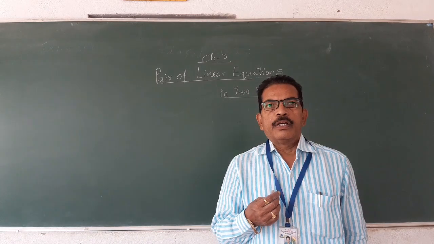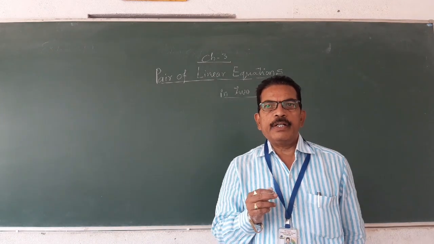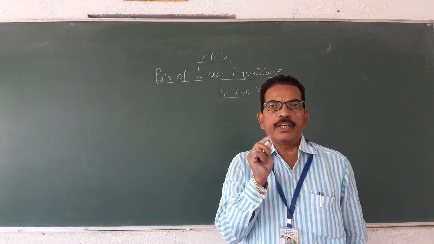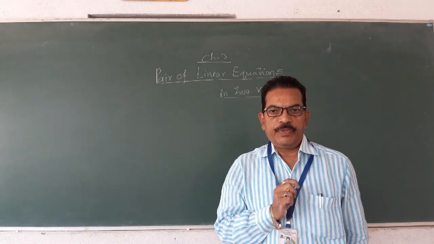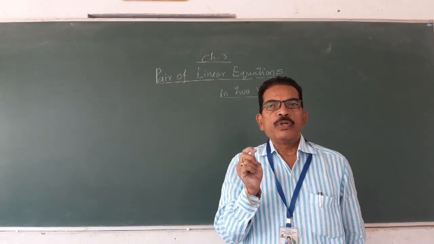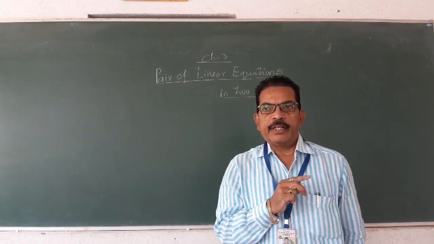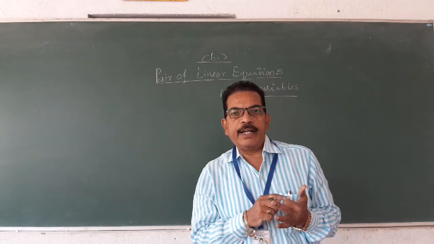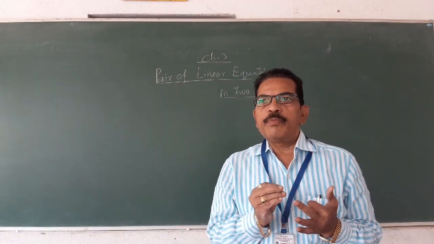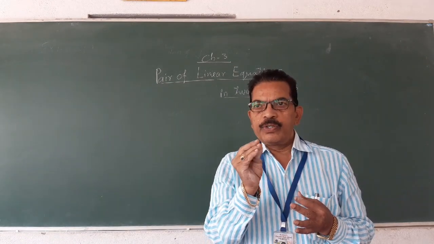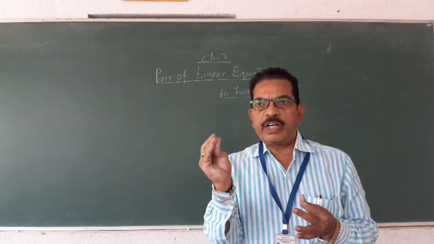We have already completed one of the major arithmetic chapters, that is arithmetic progression. I have given you some homework to prepare the assignment for that. That assignment contains some mistakes related to the numbers or the statements.